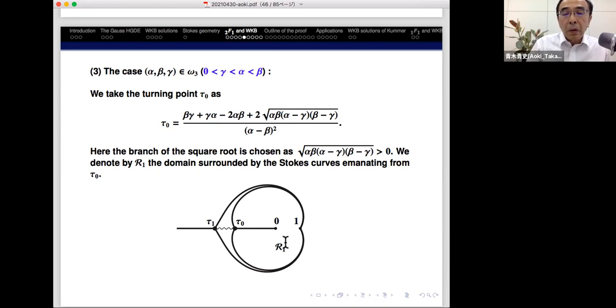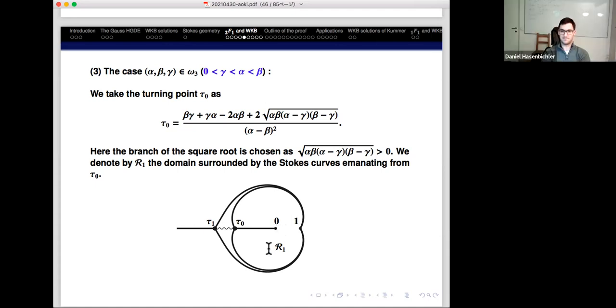Anyway, we don't consider the simple pole type turning point, and sure.